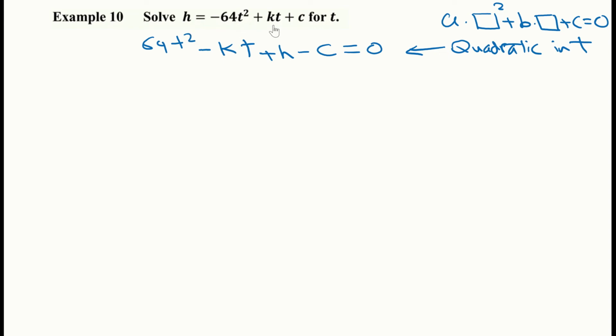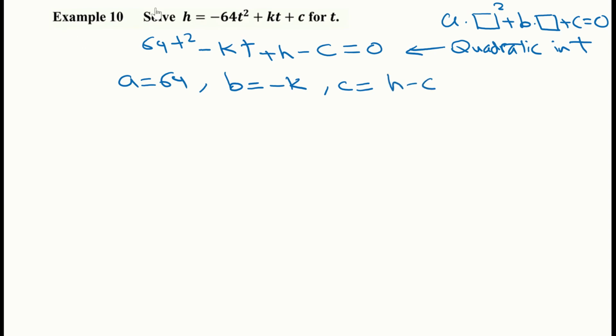So make sure that all the signs have been handled correctly. And yes, everything is as it should be. So now we say a equals 64. B, which is the coefficient of t, is going to be the negative k. And c, which is that entire expression, is going to be h minus c.